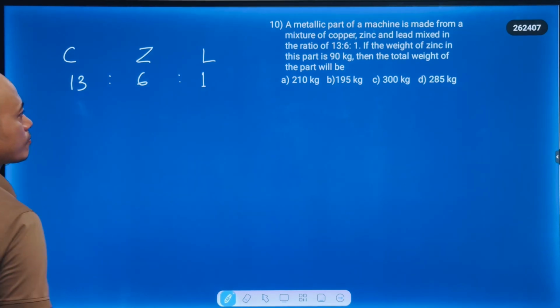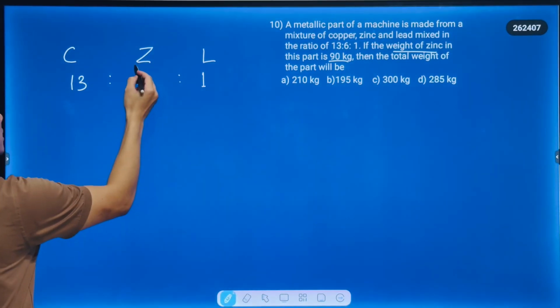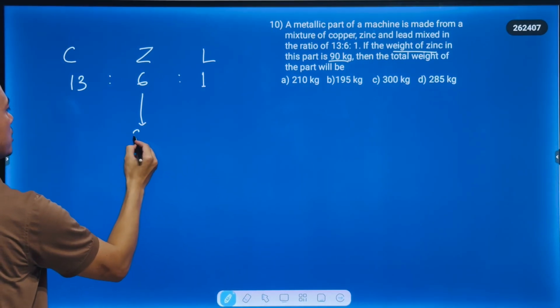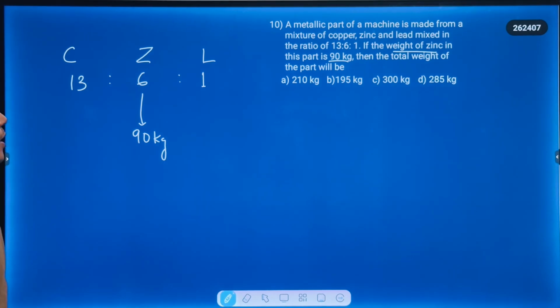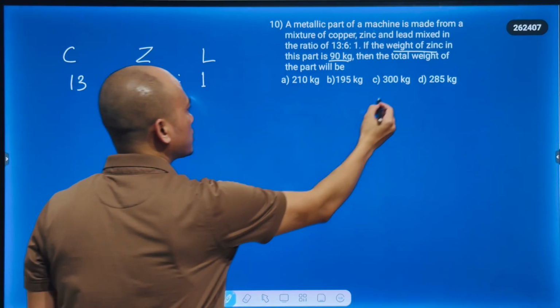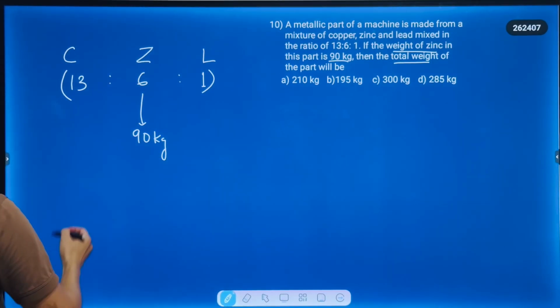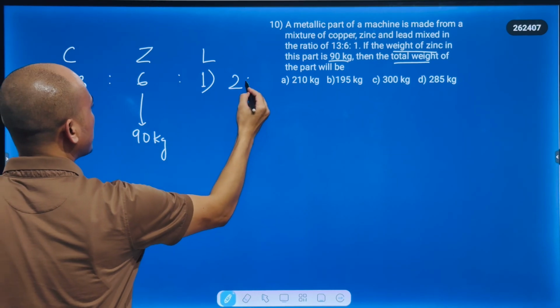The ratio we write down as 13:6:1. So the weight of zinc is given as 90 kg. This is zinc, which is 6, and the weight is given as 90 kg. So we need to find the total weight. So the total number of units is how much? 13 plus 6 is 19, plus 1 is equal to 20 units.